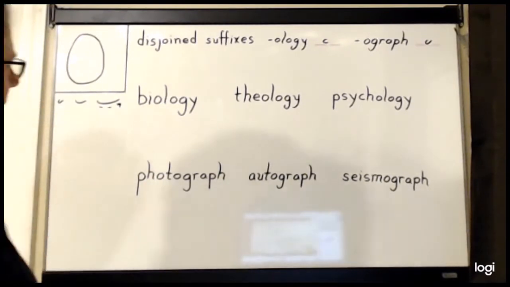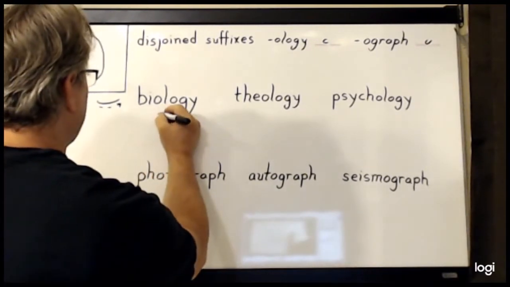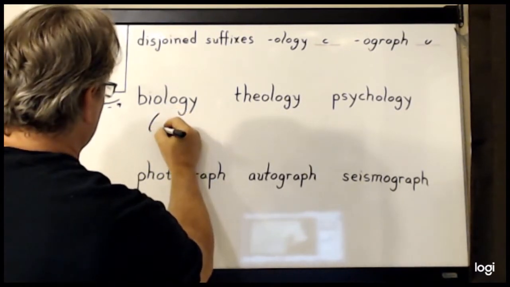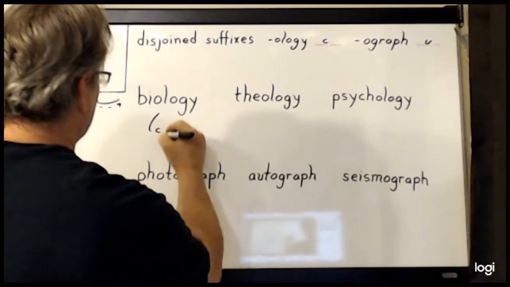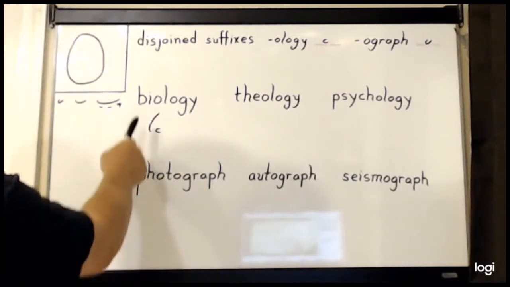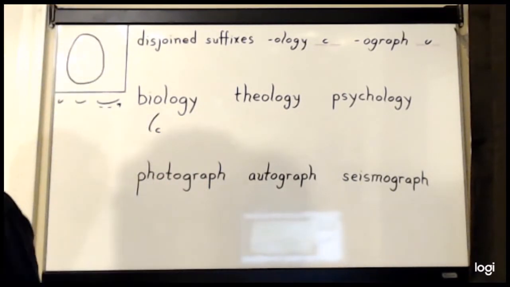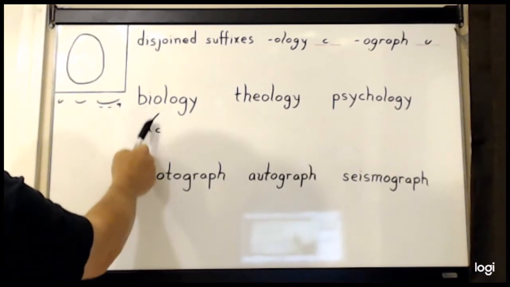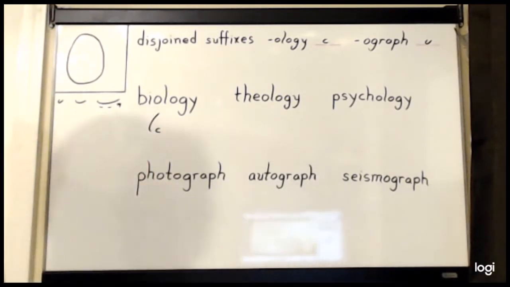For the word biology, we'll just write the letter B, and then the O on its side for ology. Now the I-O sound here is understood, and the I sound is omitted.